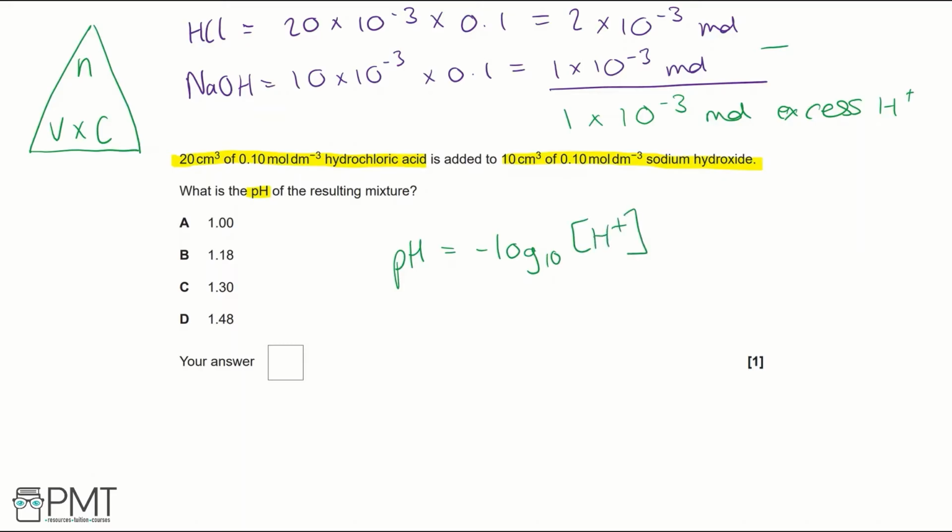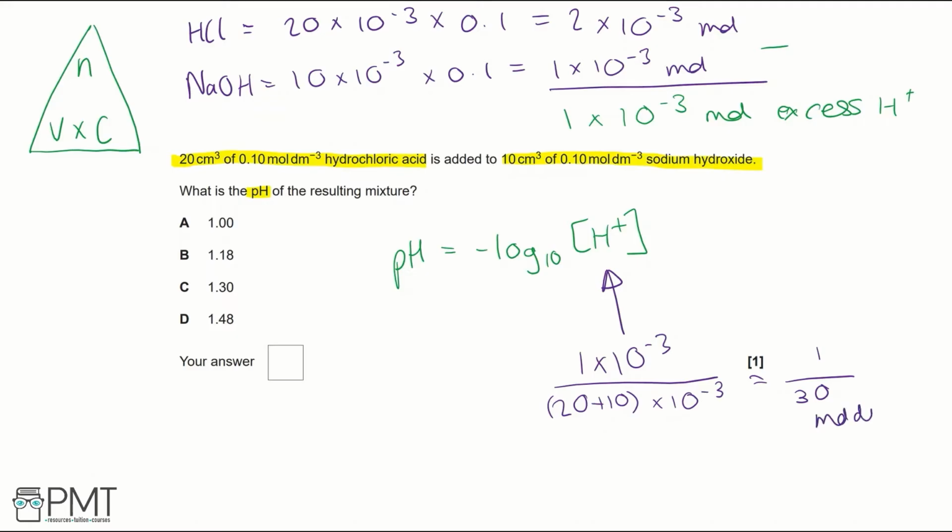So we work out the concentration of H+ by doing the number of moles divided by the total volume. So that's 20 plus 10 centimeters cubed, and then we convert it to decimeters cubed by timesing by 10 to the -3. And that equals 1/30 moles per decimeter cubed.